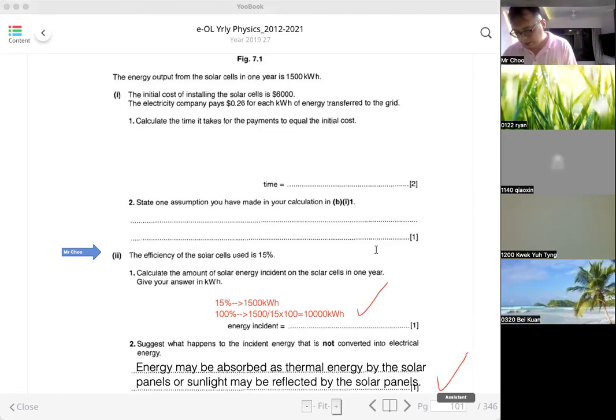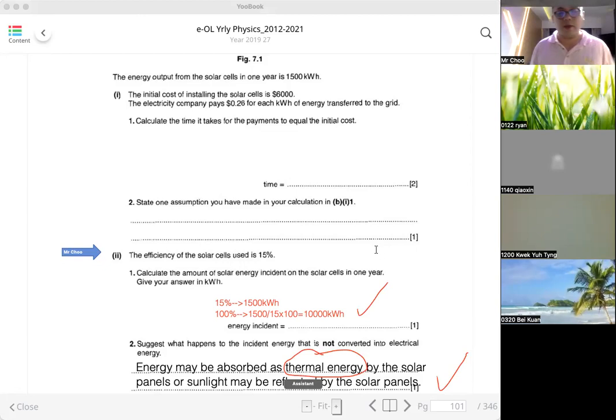Okay, thermal energy is a proper way to use. For O level, do not use heat energy. Just like your voltage, right? Do not use the word voltage, use potential difference. Same thing. Don't use heat energy from now on.